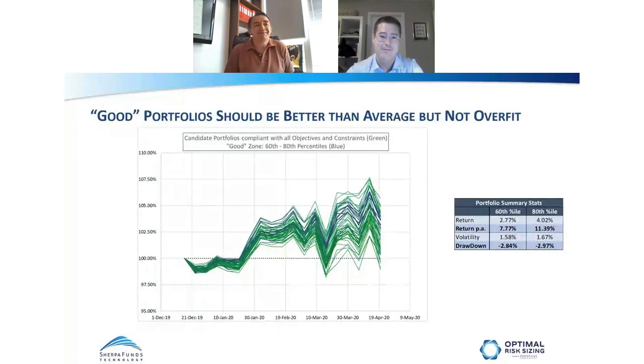Yeah, and clearly you can't take away from the intelligence and work and understanding of the market that allowed them to select those assets, but the variability of the results from that selection can swamp the value. We want to add to that value with a process that helps you be in, let's call it, the 60th to 80th percentile.